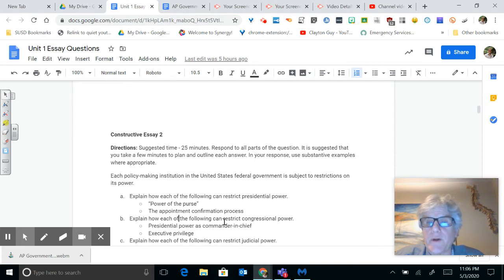And this restricts congressional power to declare war, and even just war-making processes or foreign affairs. So the presidential power as commander-in-chief is very strong, and it can restrict congressional power.